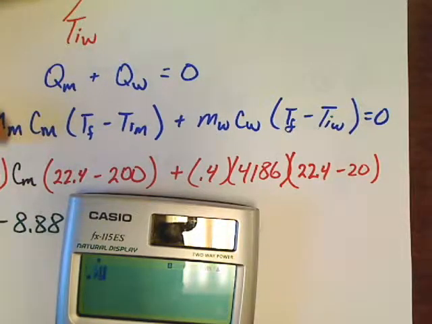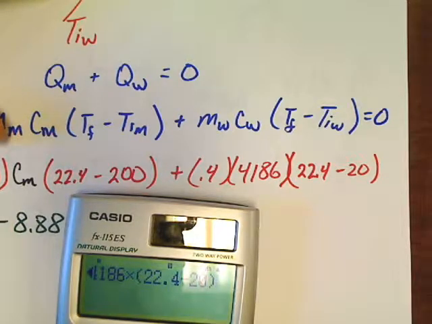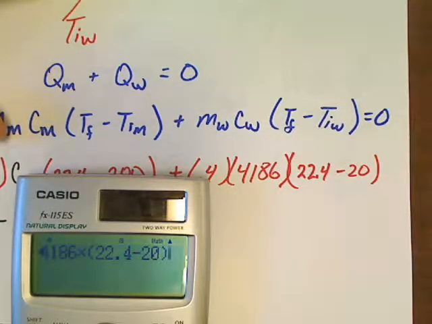Let's see, 0.4 times 4186 times, I'm going to put in parentheses though, 22.4 minus 20, although that is 2.4, so I feel kind of silly for having just typed that in a calculator.